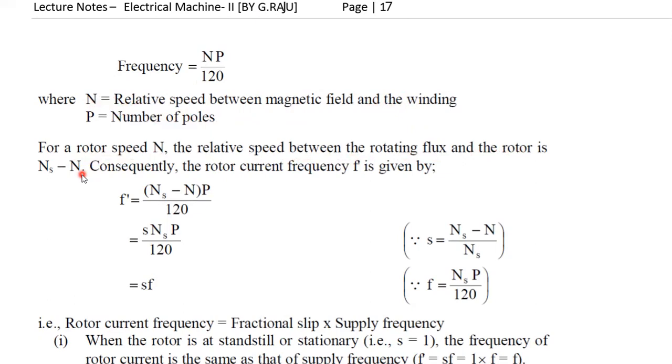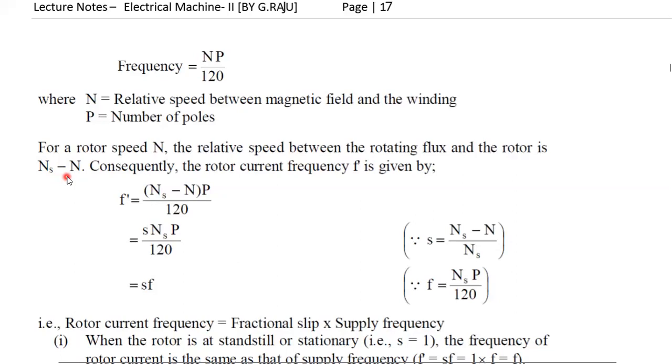Then what is the relative speed between these two? Ns minus N, because these two are rotating in the same direction. That's why the relative speed between these two is Ns minus N.